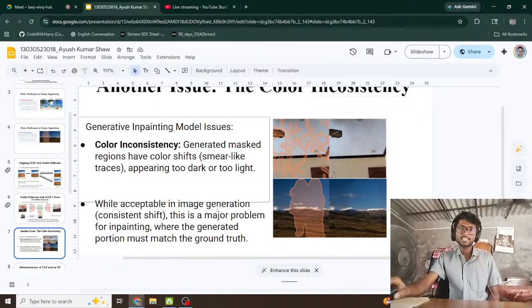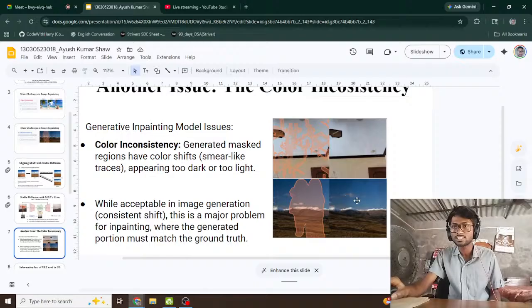These smudges are quite acceptable when we are generating the image from a sketch, because the shifting of the colors is consistent across, right? But in the case of inpainting, the shift is quite noticeable. We could figure out that there is a darker portion, and in this region there are some lighter shades. So this is kind of unacceptable in the case of inpainting.